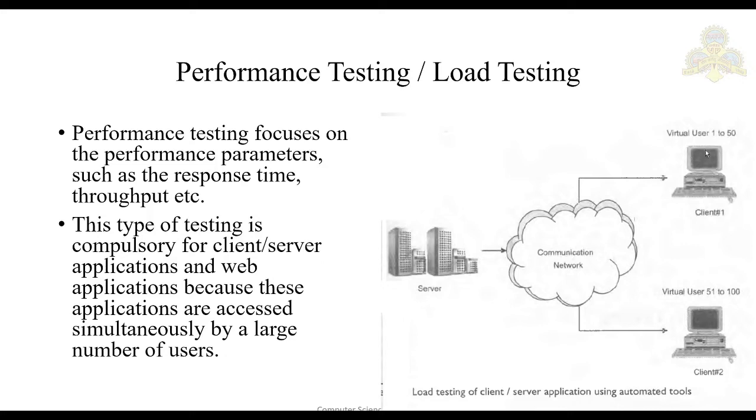That means one system has simulated 50 users, so it simultaneously hits the server 50 times. That means virtual users would be created here. Fine. So this is about your load testing or performance testing.